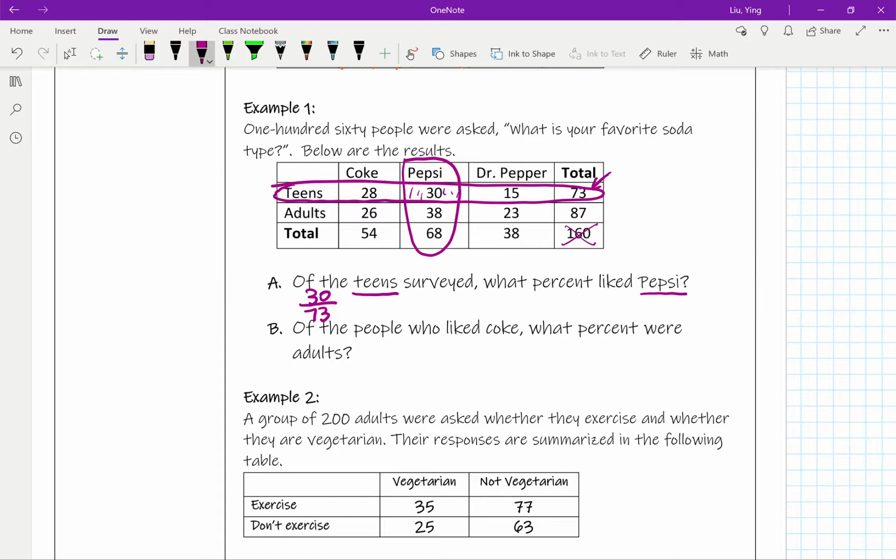So how do we know it's conditional but not joint? Well, the key word here is the word of. And sometimes you'll see it's among, or sometimes it'll say, for example, teens who like Pepsi. So like who, these are commonly the key words.